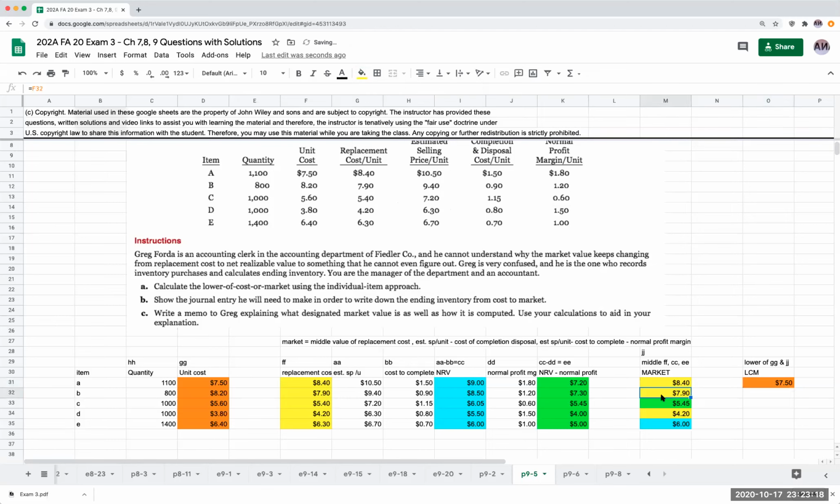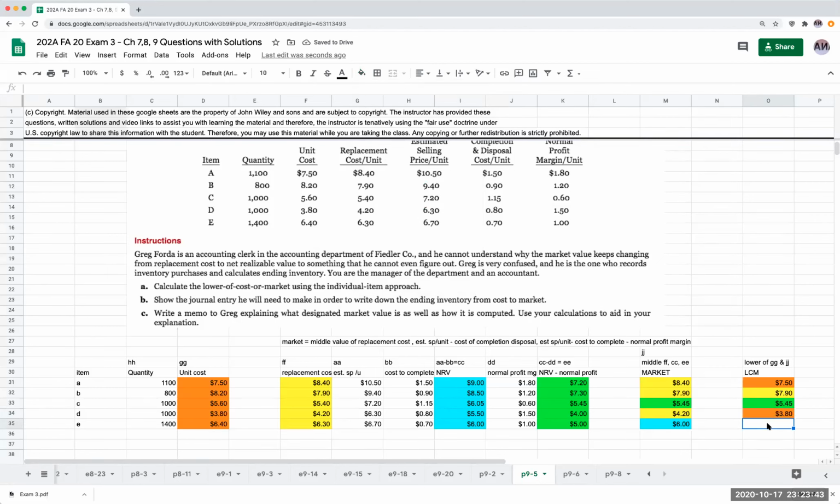The lower of cost or market is going to be market, or $7.90. The lower here is also going to be market, this green value right over here. And then my lower of cost or market is actually $3.80, the orange value.